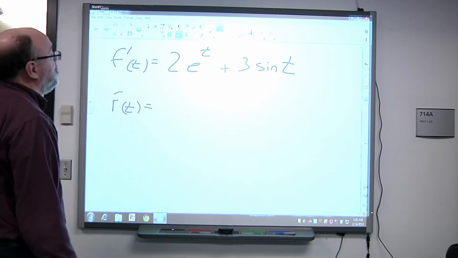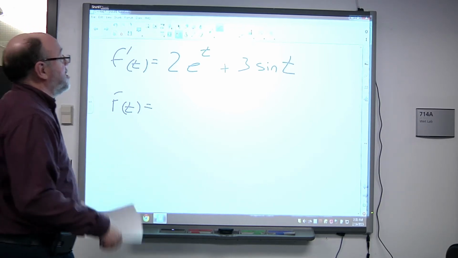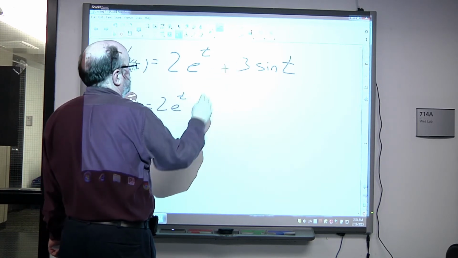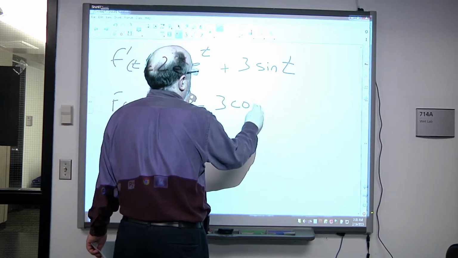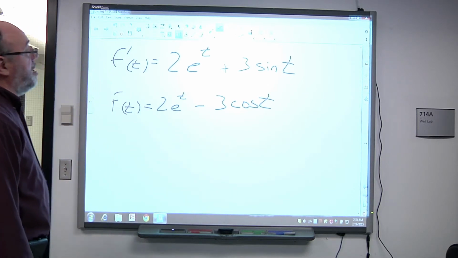So from that handout, you'll find out that the antiderivative of e to the t is e to the t. And for sine, you get negative cosine. Right? So we end up with something like that.